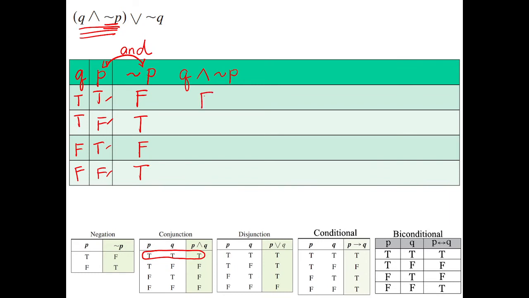False. True and false? False. False and true? False. True and false? False. Okay. Walay true diri, kay sa and, wala may puros true dira, sir. Mao na siya false tanan sa kini nga column.